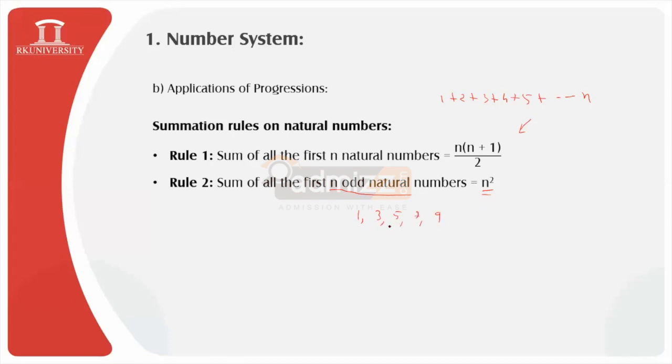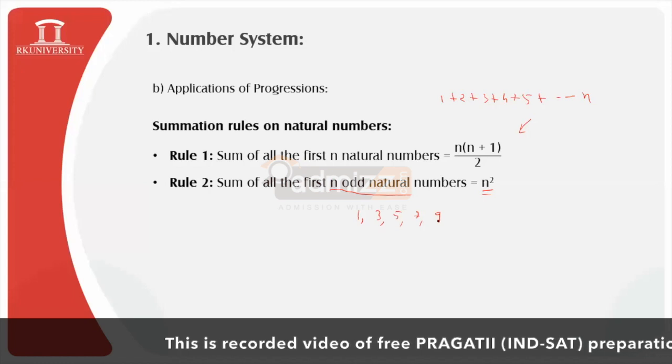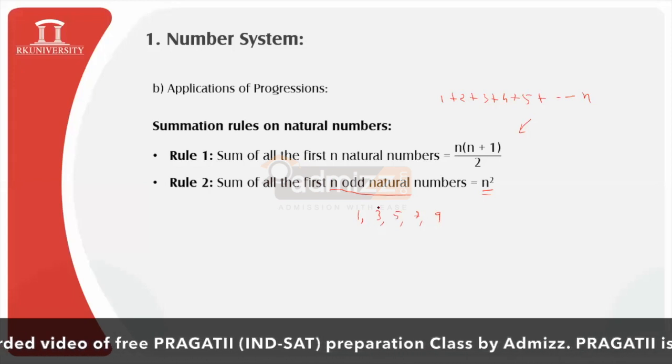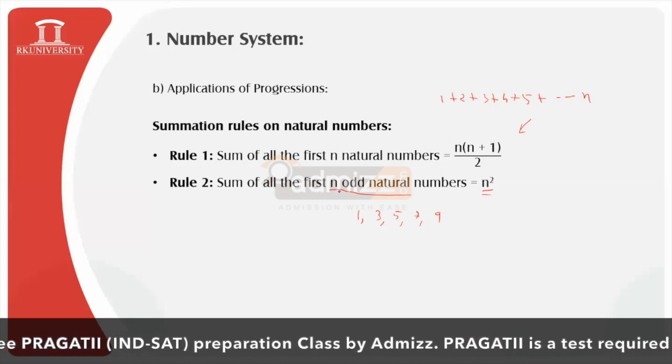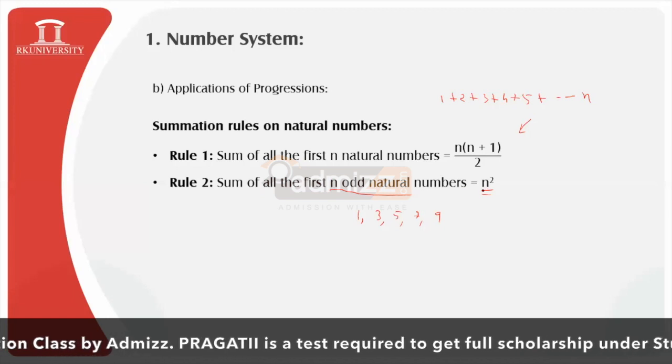You want to take the sum of the 1, 2, 3, 4, 5 odd natural numbers. This is not 9 numbers but 5 numbers: 1, 3, 5, 7, 9. The sum of the first n odd natural numbers you can take as n square.